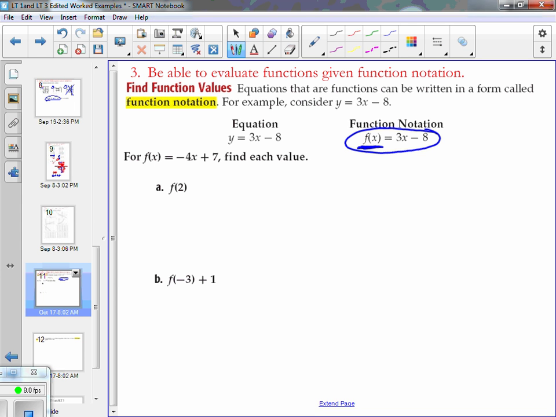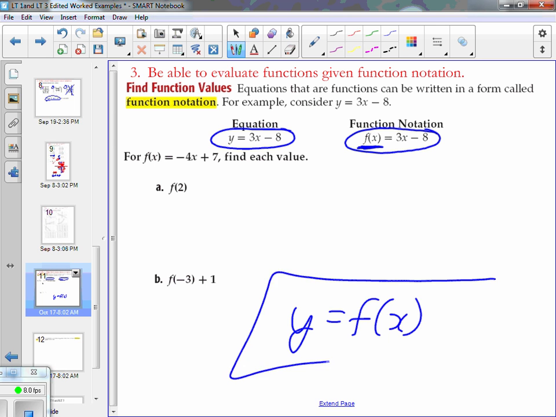So, f of x equals 3x minus 8. And look, that's equivalent to y equals 3x minus 8. In other words, y and f of x are the same thing. Always, always.